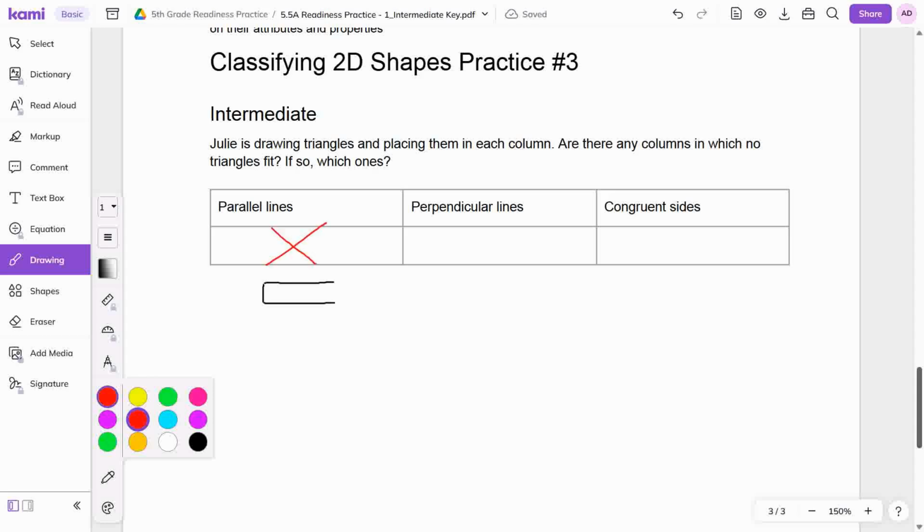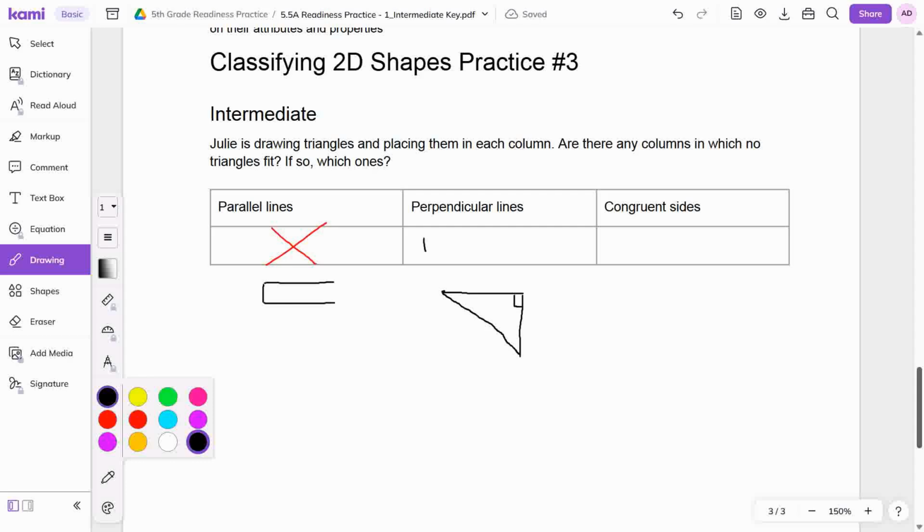There's nothing there. Now, what if I did perpendicular lines? Perpendicular lines are when you have one that's straight across, one that's straight down. I'll have it open like this. Can I turn this into a triangle? Yes, I can. Look, I can make a right triangle like this, and those are perpendicular sides.